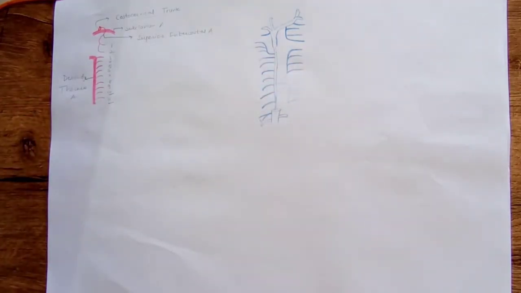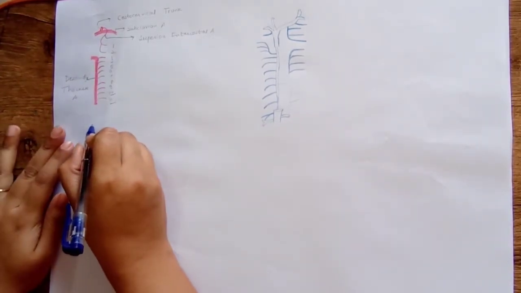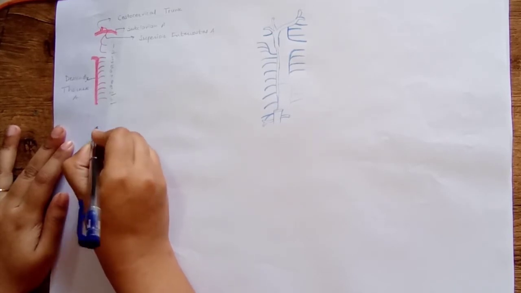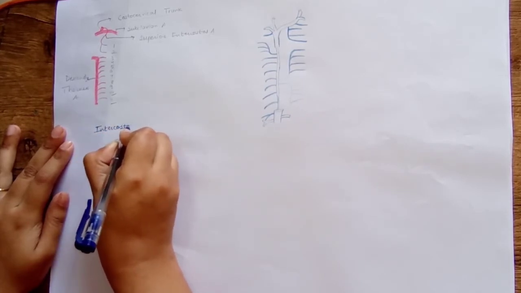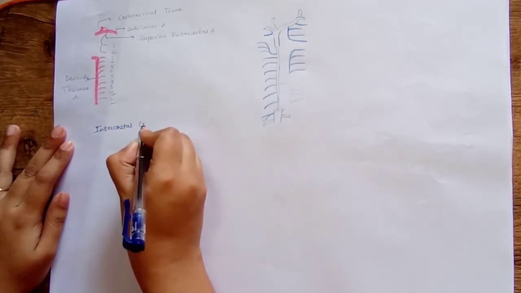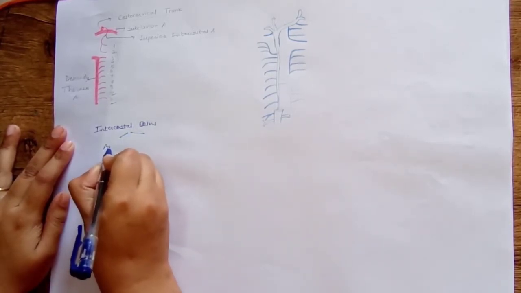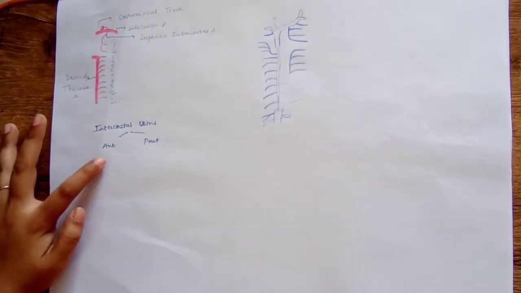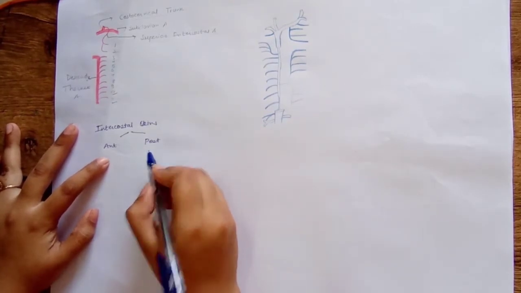Now let's discuss the venous drainage. Similar to the intercostal arteries, there are also intercostal veins, anterior and posterior. The anterior intercostal veins drain the anterior side and the posterior intercostal veins drain the posterior side.